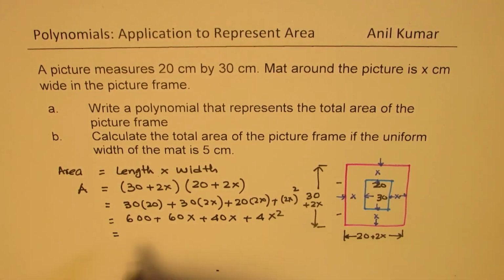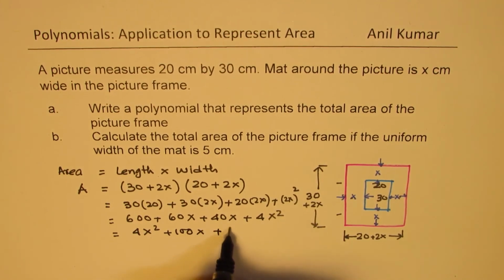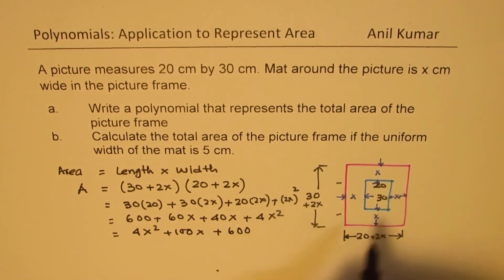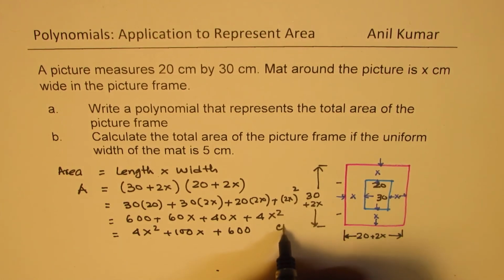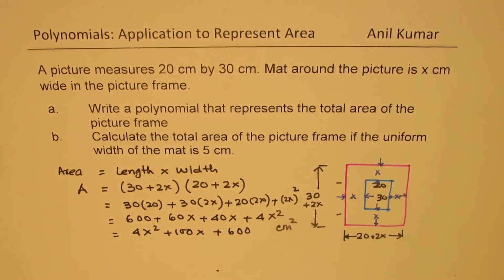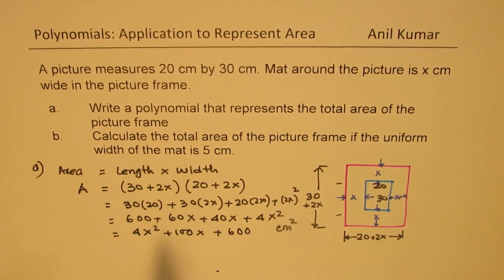So combining like terms, we can write area as 4x square plus 100x plus 600. Unit square. The unit in this case is centimeters. So the area expression could be written in standard form. This is called the standard form of the polynomial, or in the factored form. So that is our part A.